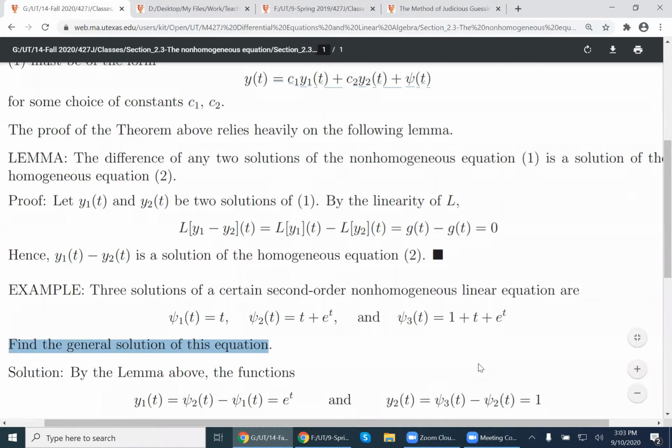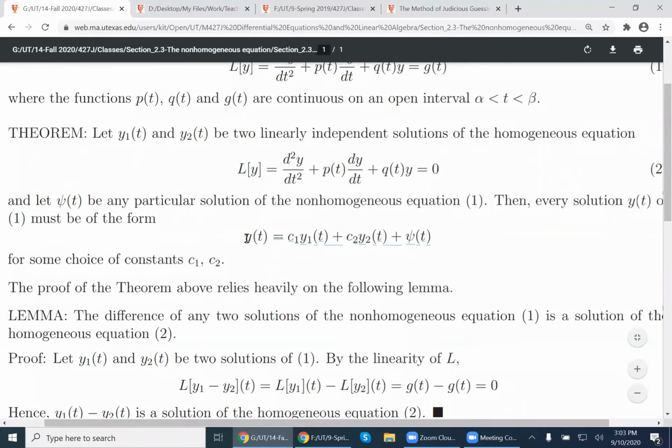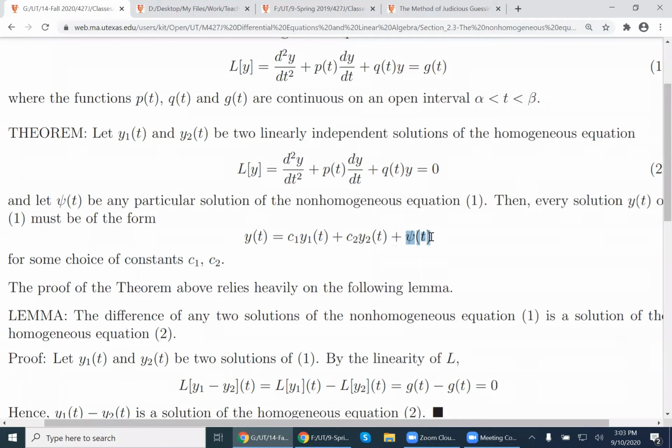What do we do? First, let us go back to this formula. The general solution is the sum of 2 pieces. The second piece is a particular solution of our non-homogeneous equation. So, this portion is easy.